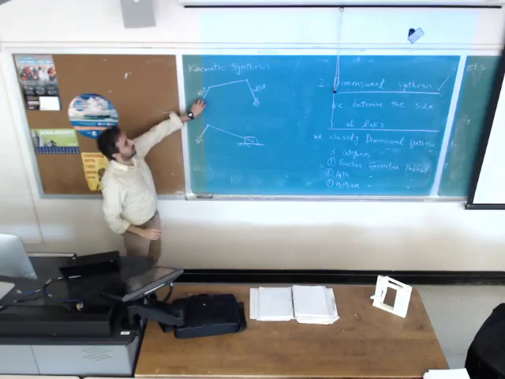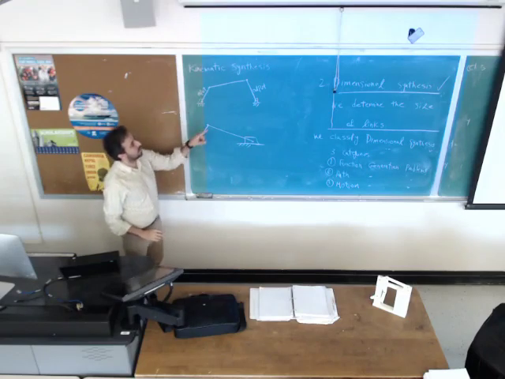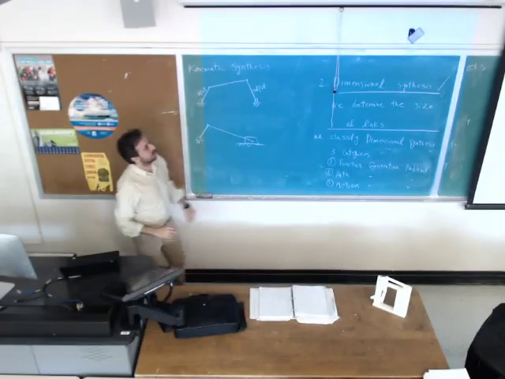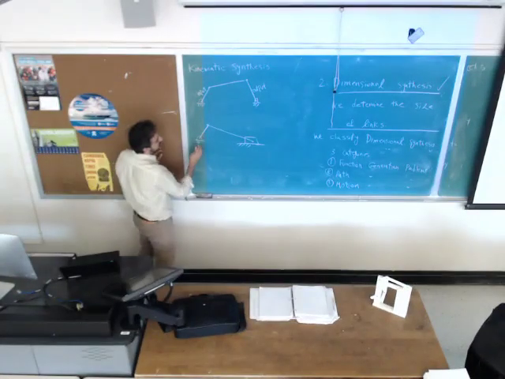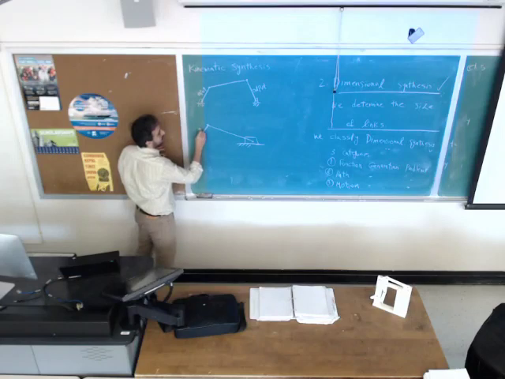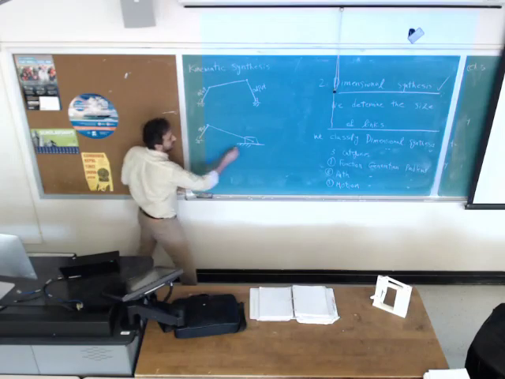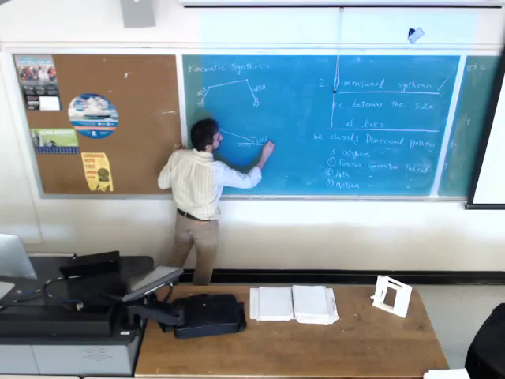Typically, we put the motor here. It's going to run the input link, and the output link is the link that we get the output. And in slider crank, usually the input link is this guy, and the output link is this slider.